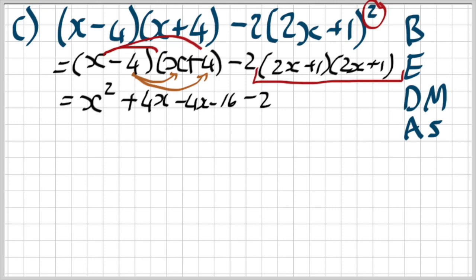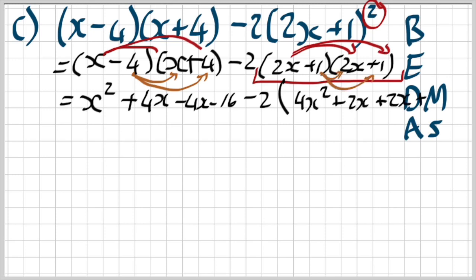So that negative 2 I'm going to leave as is. Start by foiling out or multiplying out those back brackets. I've got 4x squared plus 2x plus 1. Let me just clear that one up a little bit for you. Okay? So you can actually see what's going on there.